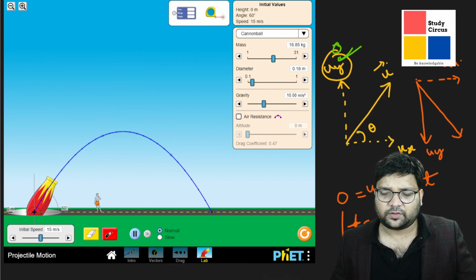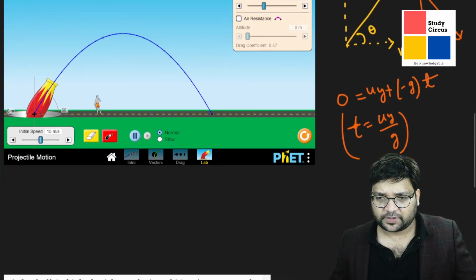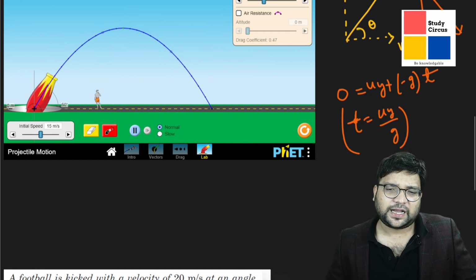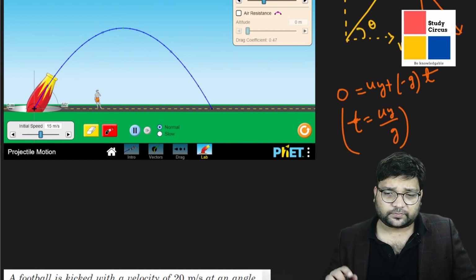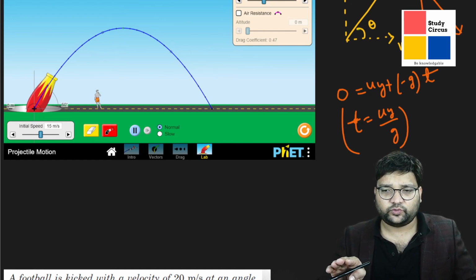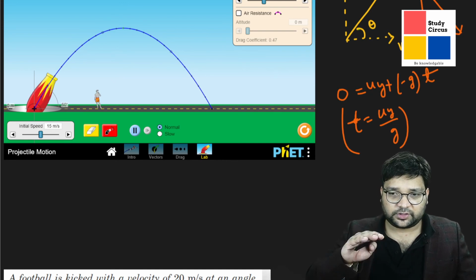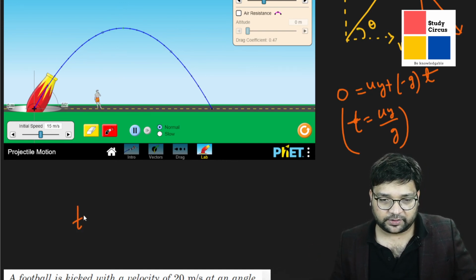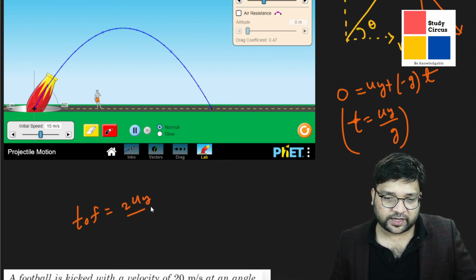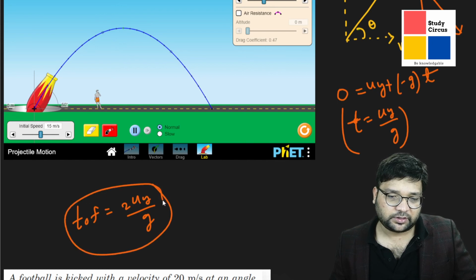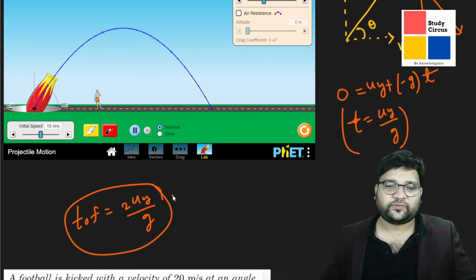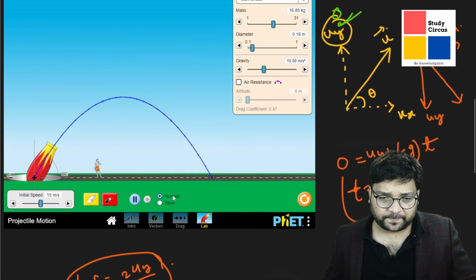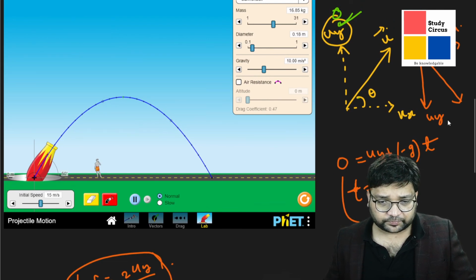That is very obvious, right? The time of flight will be double of this, so the time of flight will be 2uy upon g, correct? So we have found out the time of flight, so we have understood this thing.